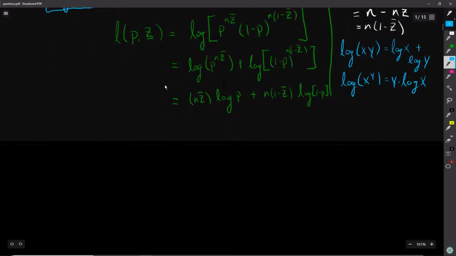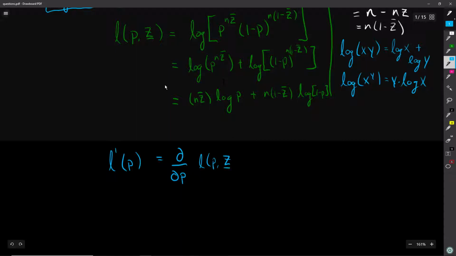Okay? And so what I'm going to do is I'm going to use the notation L prime of p, and I'm using this notation to mean the partial derivative with respect to p of L, p, and z. And so we're using this notation to emphasize that for our case, this z is being treated as though it's constant, and we're just differentiating with respect to our parameter p.